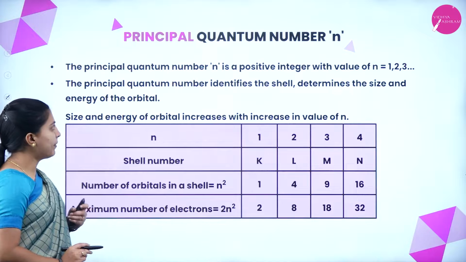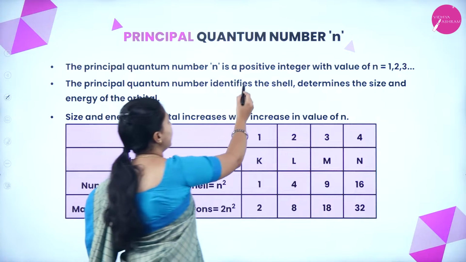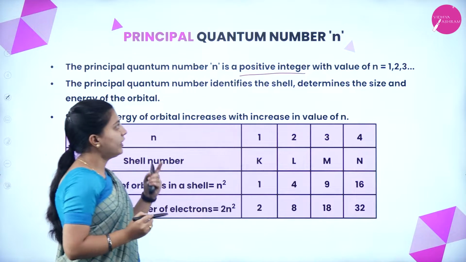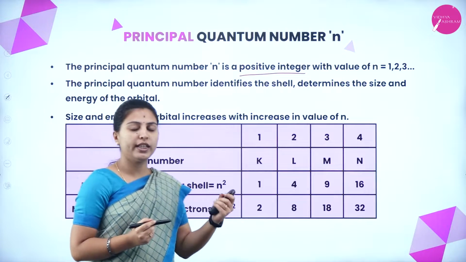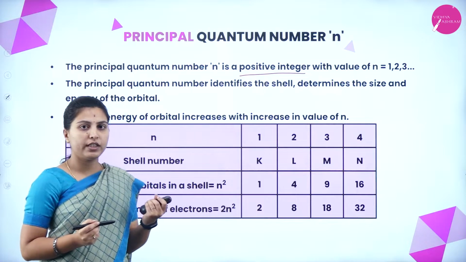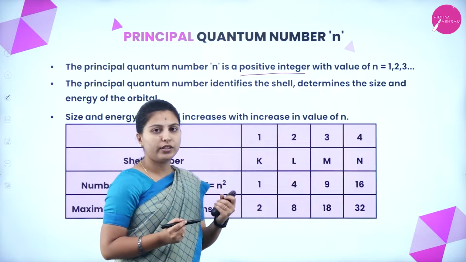The principal quantum number n is a positive integer, with values n equals 1, 2, 3, and so on. What is a positive integer? An integer with a positive sign.